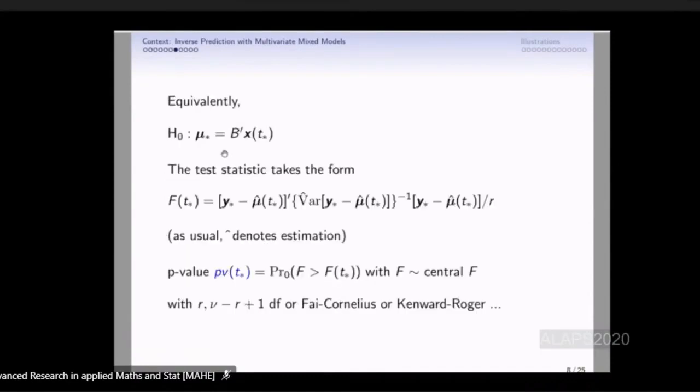That's equivalent to testing that the mean vector in the population from which the mystery specimen came is given by the model for the mean for the training data.